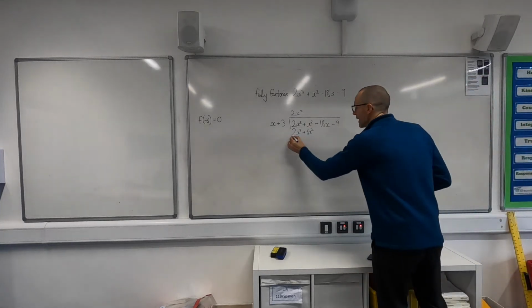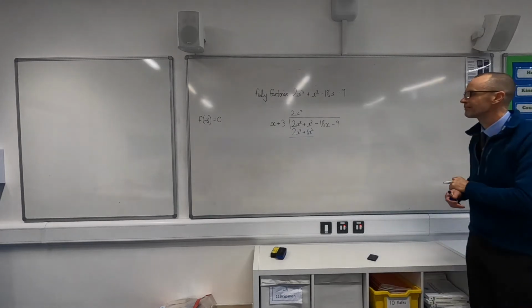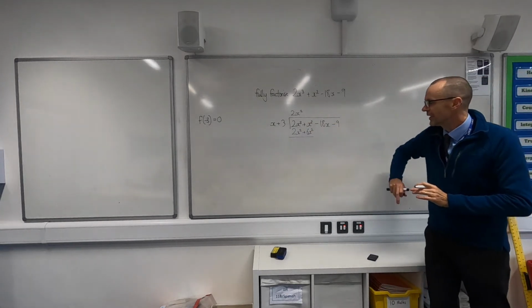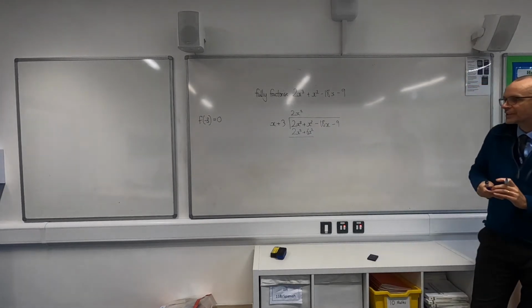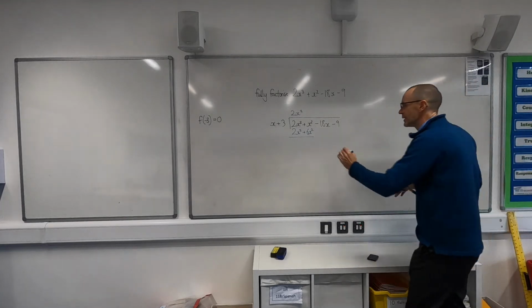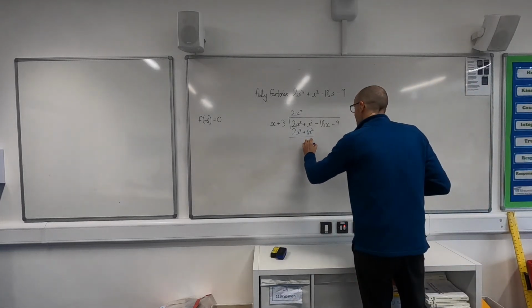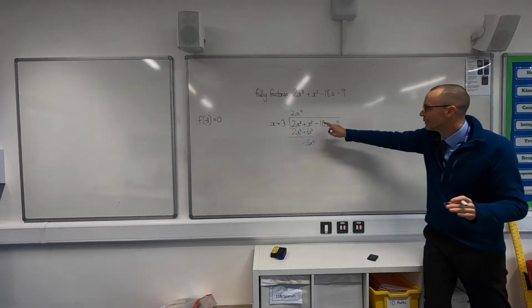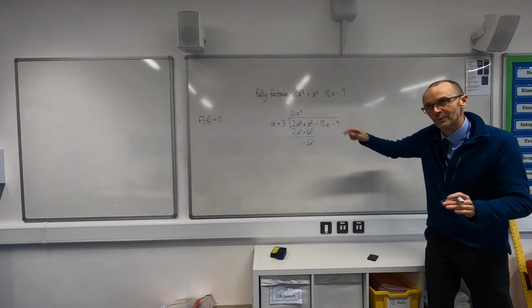We then work out our remainder. Top take away bottom, nothing. x squared minus 6x squared, we're taking away, so that's minus 5x squared. When we do bus stop with numbers, we write the remainders before the next digit, don't we? But we're not going to do that.